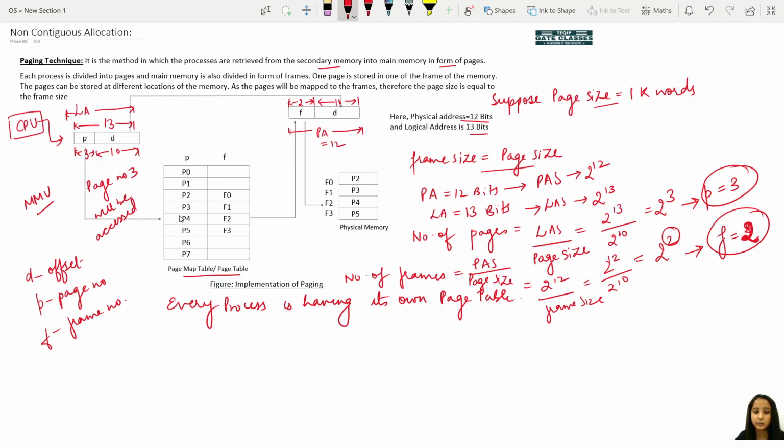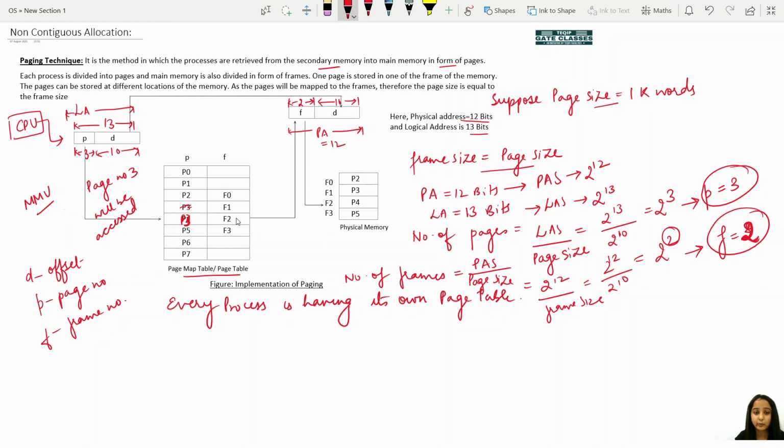So that will go to the page table, and let us say here I found P3. So P3 is here. So I find the page P3.